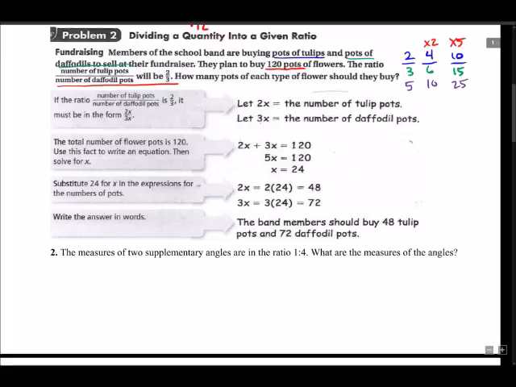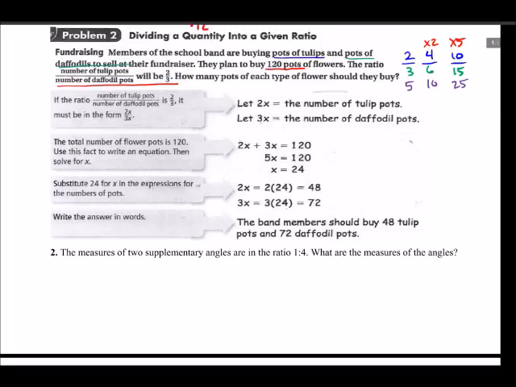Now we could continue on and do this, right? We are just writing, if you notice here, we are writing equivalent fractions. Instead of reducing my fraction, I'm increasing my fraction. Okay, we could just continue on until we end up with some ratio that equals 120, or we can write this. We can find our multiplier.